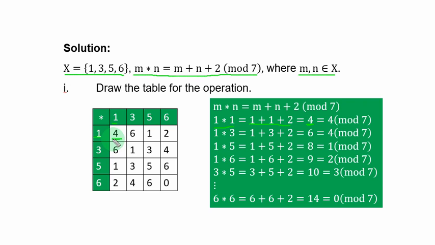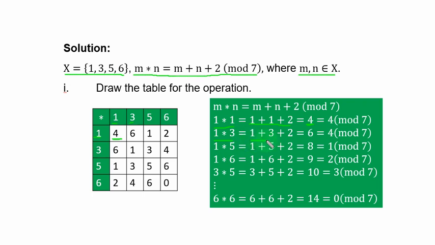Then the next one, still on the first row, you have 1 asterisk 3. So M is equal to 1 and N is equal to 3. In the operation, where you see M, you replace it with 1, and where you see N, you replace it with 3.